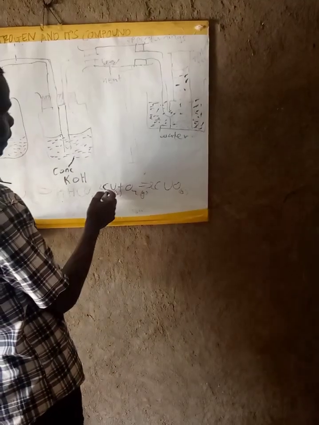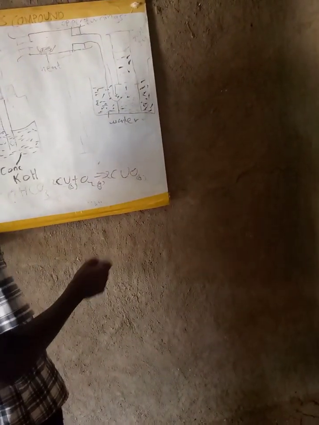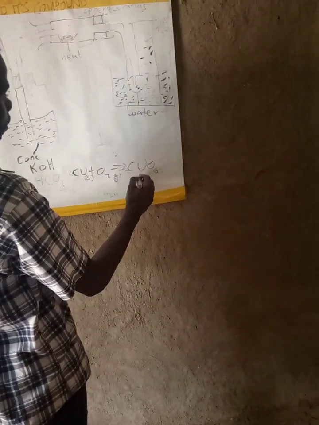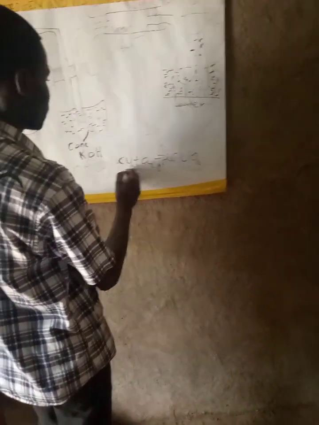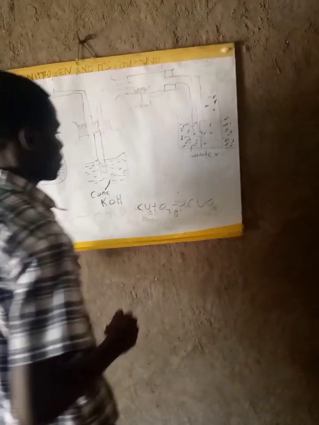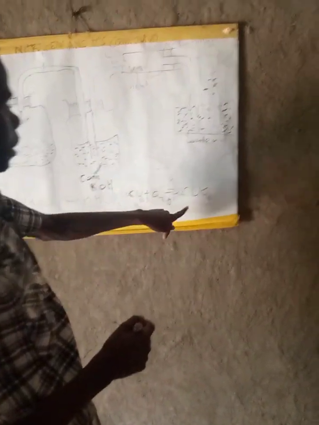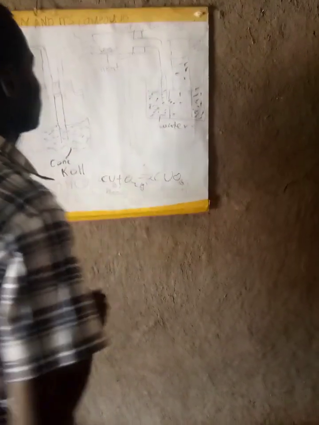Copper is black in color, but when it combines with oxygen to form copper(II) oxide, it is brown. So that is the observation.